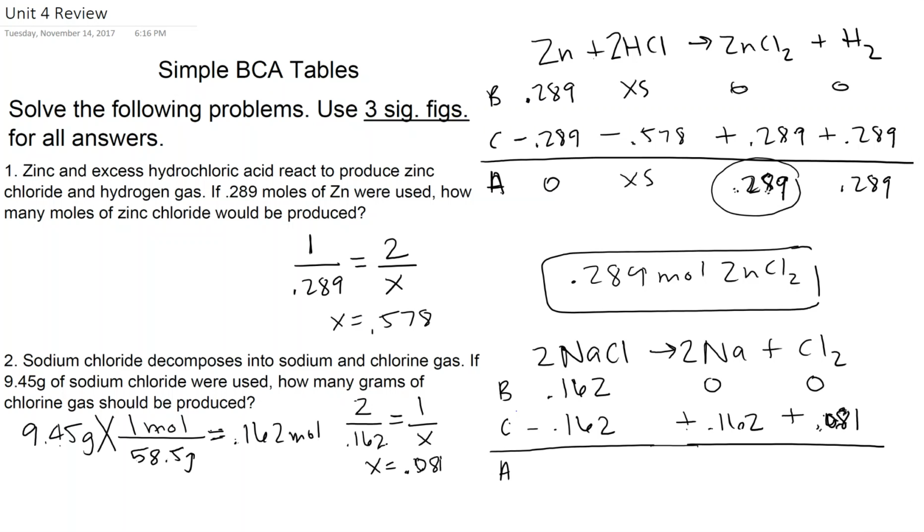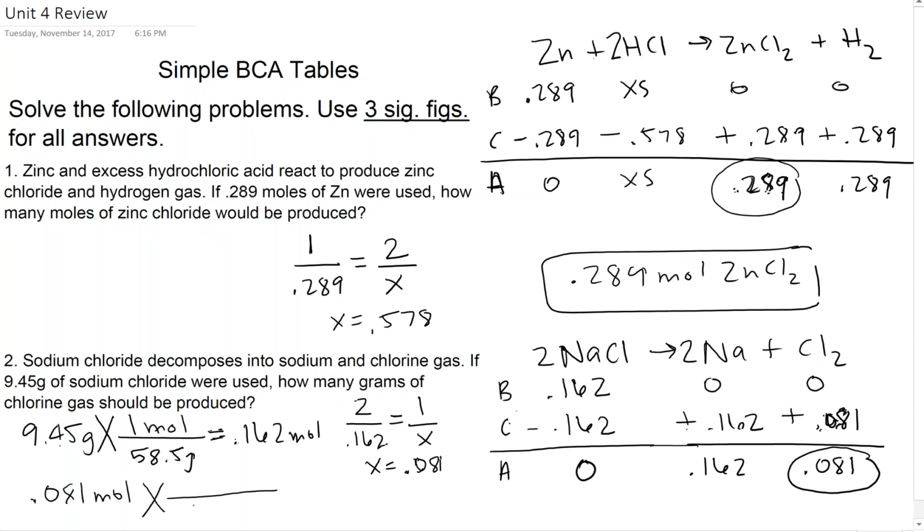As we solve going down for the after row, 0.162 minus 0.162 is 0. 0 plus 0.162 is 0.162, and 0 plus 0.081 is 0.081. And now we're almost finished, but the question asked in the problem was for how many grams of chlorine gas can be produced. So this 0.081 is actually a number in moles, so we'll have to use our mole roadmap to convert it back to grams.